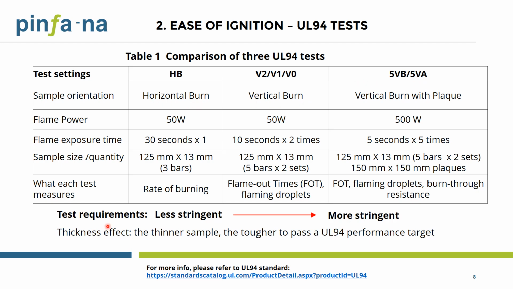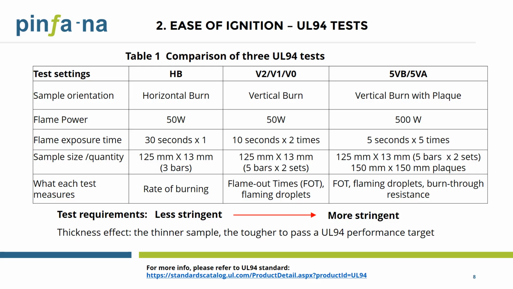The test requirements go from less stringent to more stringent from left to right in terms of the fire severity and test criteria. You can see a comparison of the fire severity in terms of the flame power and flame exposure time of these three tests shown here. The 5VB and 5VA test has much more intense firepower and also longer exposure time compared to the other two tests.